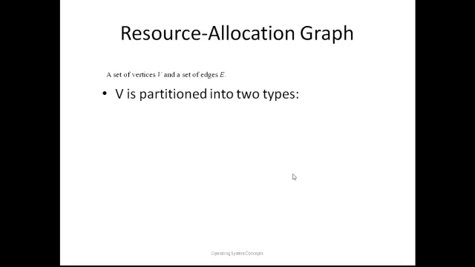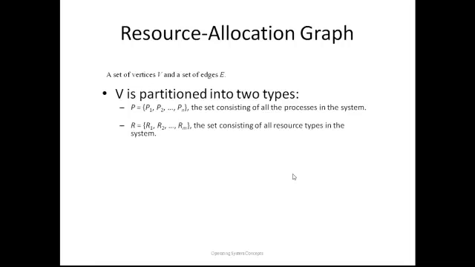Basically, a resource allocation graph is a directed graph. Here V is partitioned into two types: P, considering all processes in the system, and there are n processes, and R, considering the set of all resources, and here there are m resources.